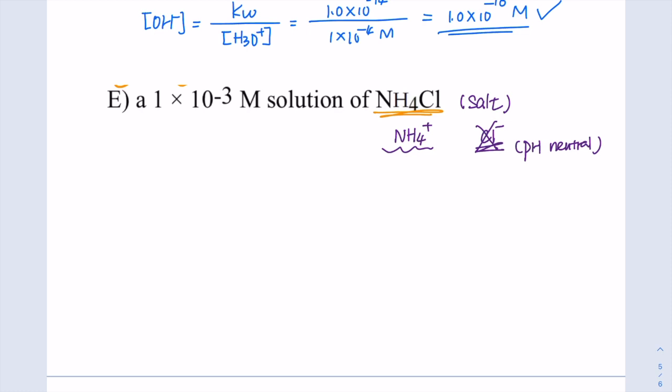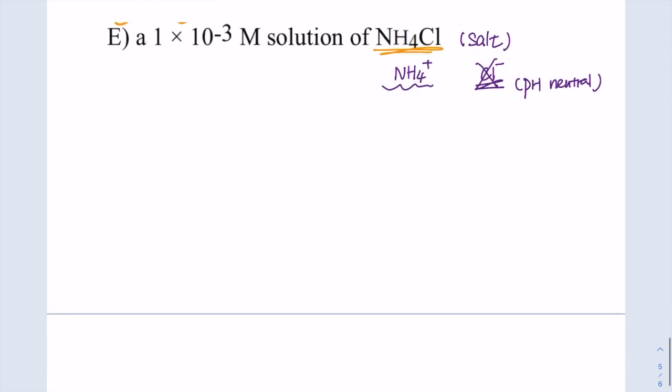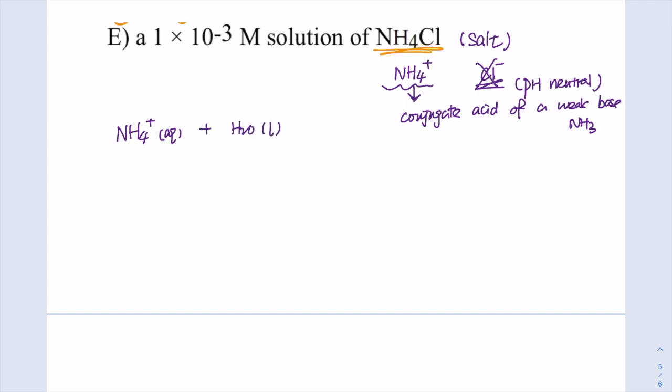So then we just need to talk about how ammonium ion is going to behave in the aqueous solution. Ammonium ion itself is the conjugate acid of a weak base. What weak base? Ammonia, right? As an acid, how does it behave in aqueous solution?